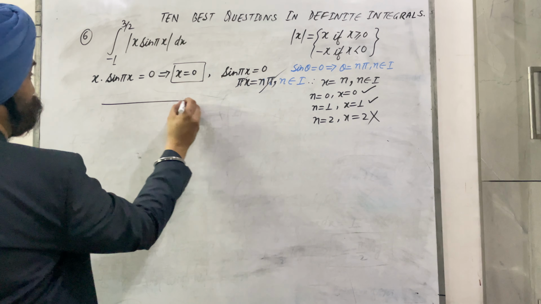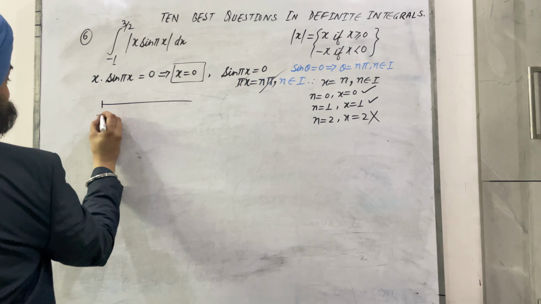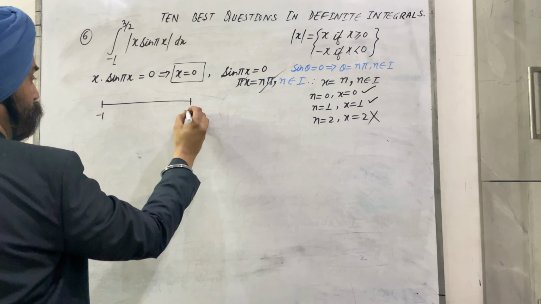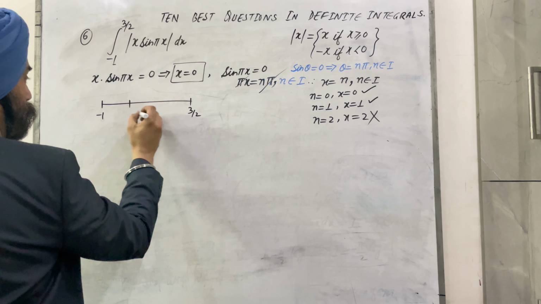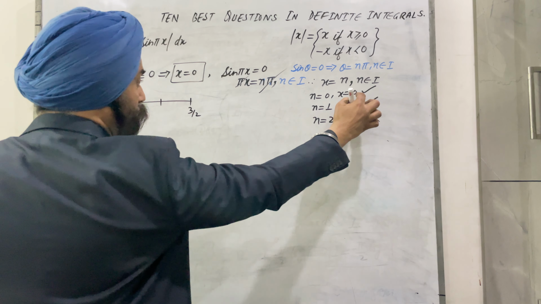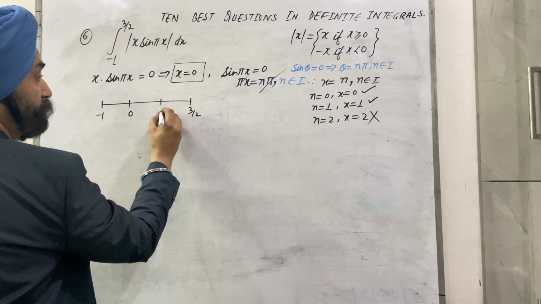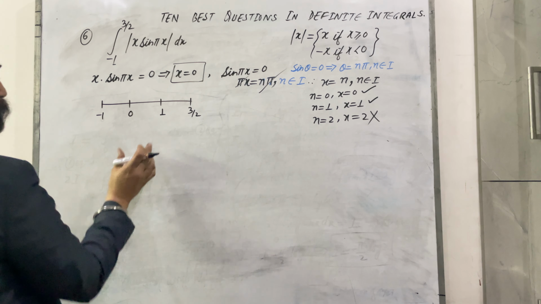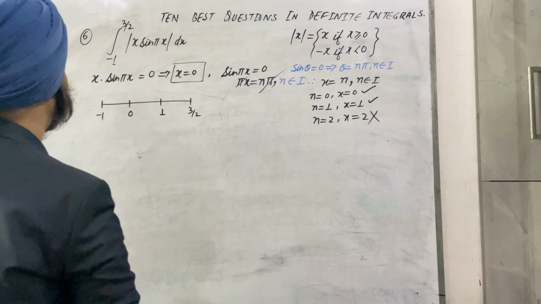Now just observe, if I write -1 over here and 3/2 over here, I have two values. One of them is 0 and the other one is 1. So these values are between -1 and 3/2.